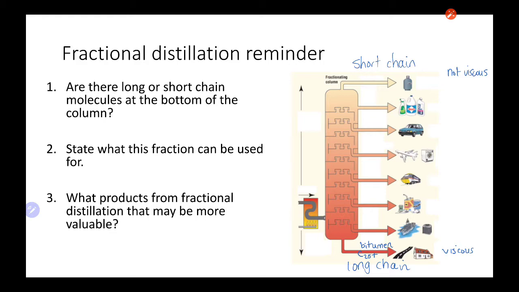The reason for that is coming up. Basically, which products from fractional distillation are the most valuable to us? Probably things like aircraft fuel, petrol and diesel, which are in high demand.